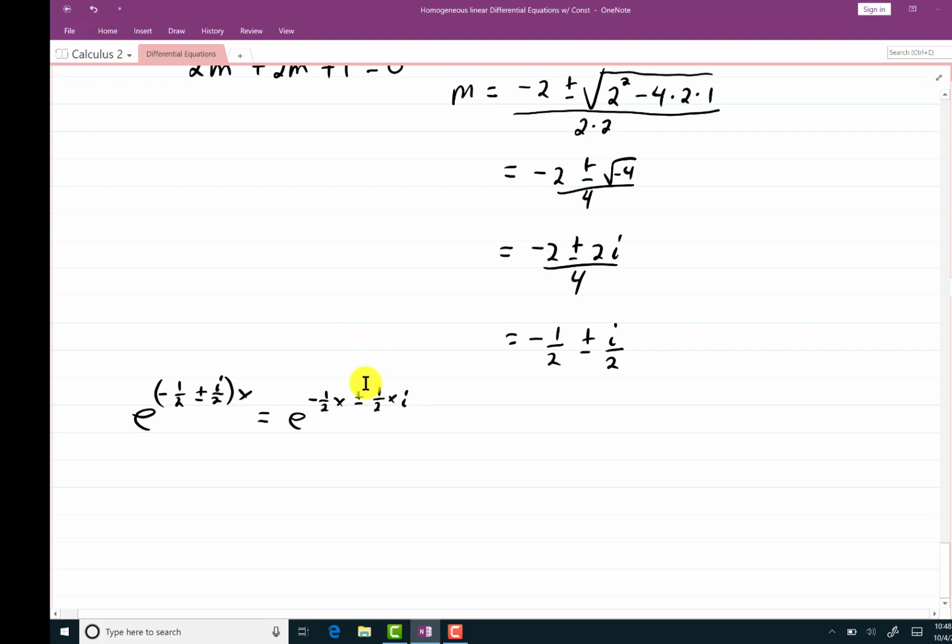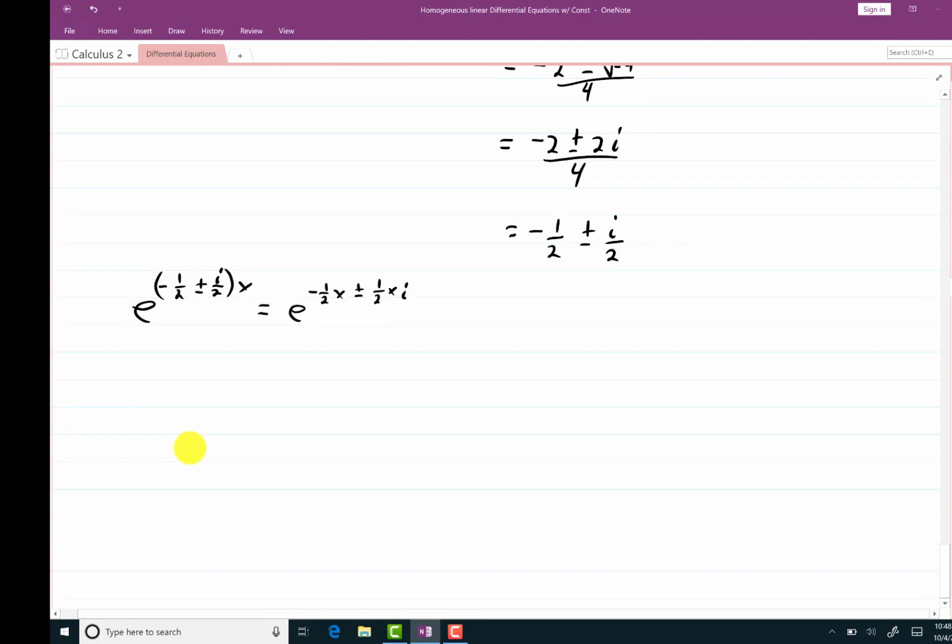I just did a little rearranging up top there. And then I can rewrite this as e to the negative 1/2 x times e to the plus or minus 1/2 xi.